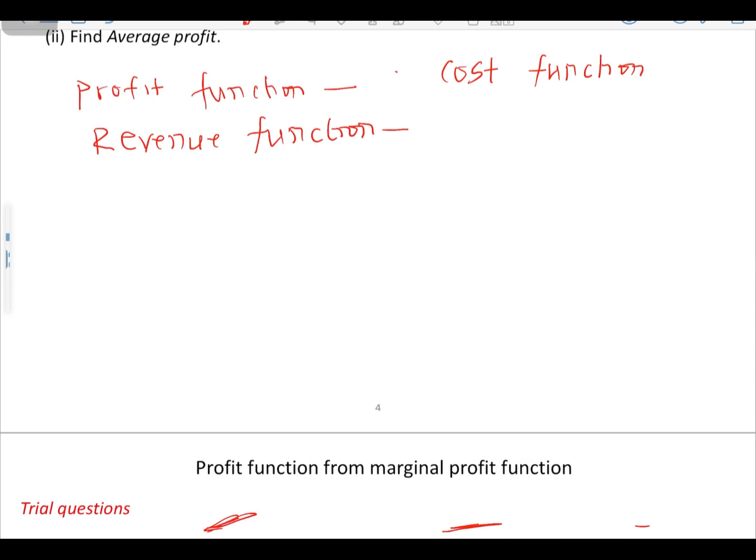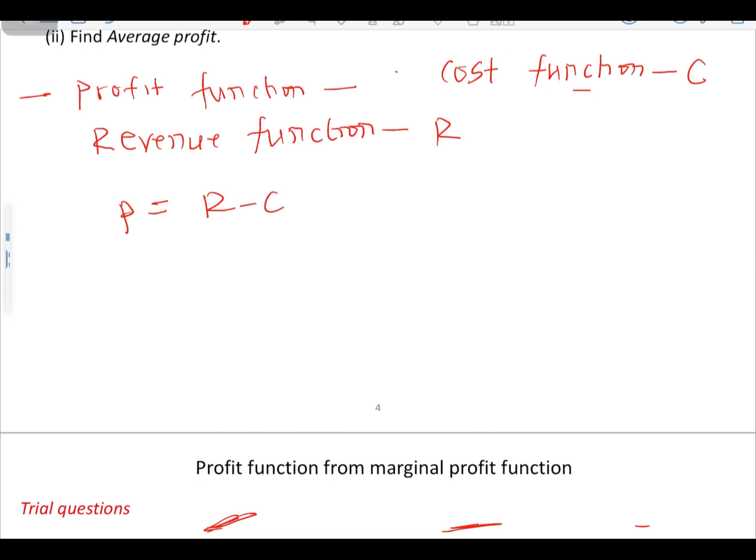So when you are given the revenue and the cost, you'll be able to calculate the profit. If you have a revenue R, you have a cost C, then my profit P is equal to R minus C. Let's keep that in mind.